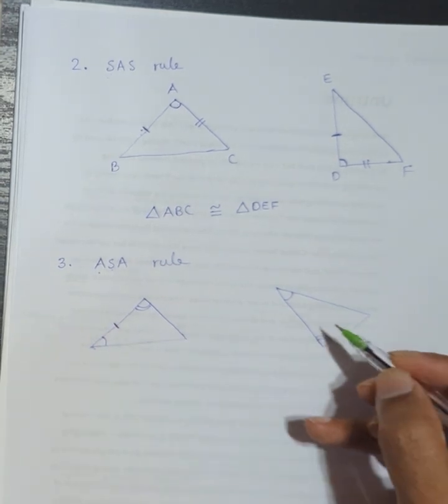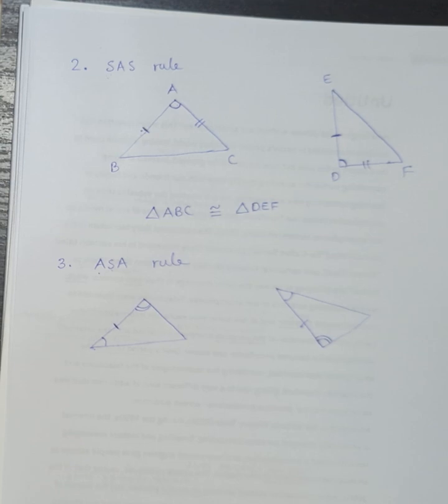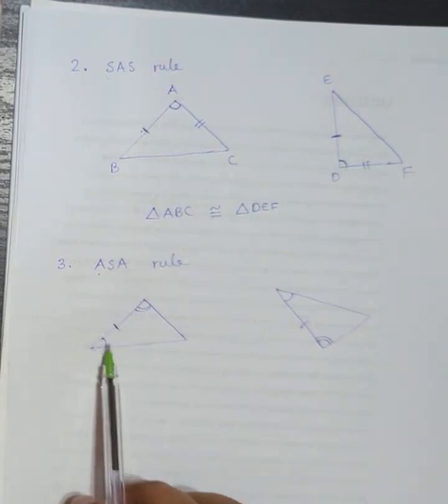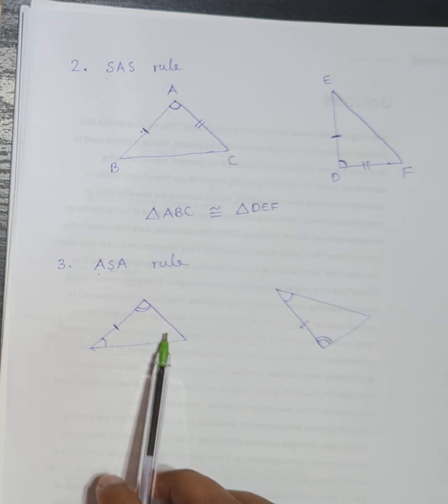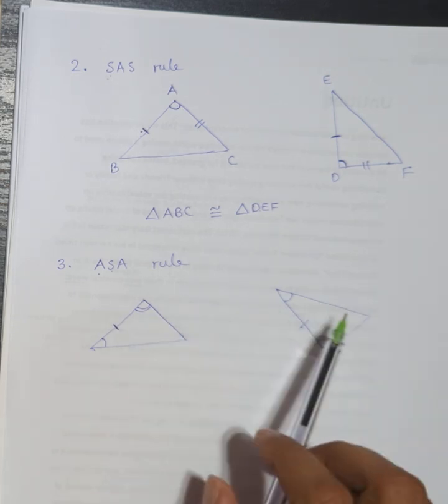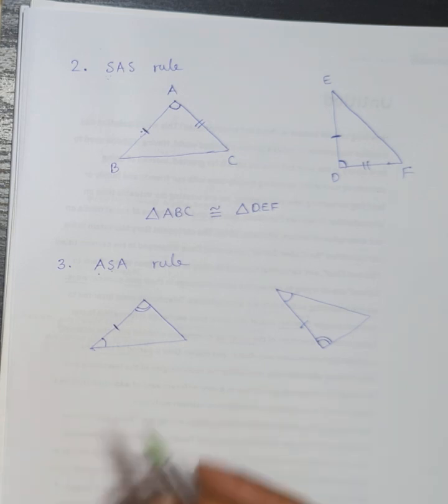So this side matches with this side. Then these two triangles will be congruent. So only these three characteristics are needed, and then the other three characteristics will be forced to match, and those two triangles would then be congruent.